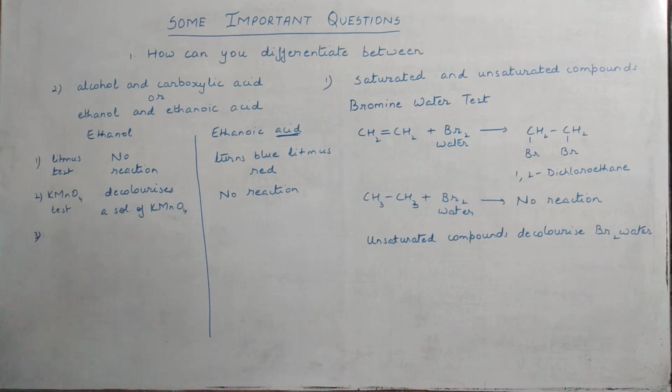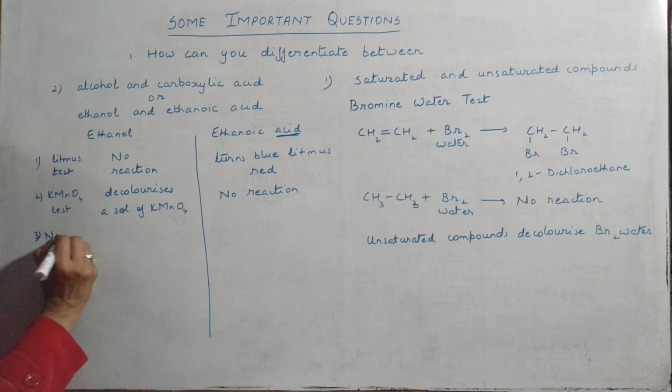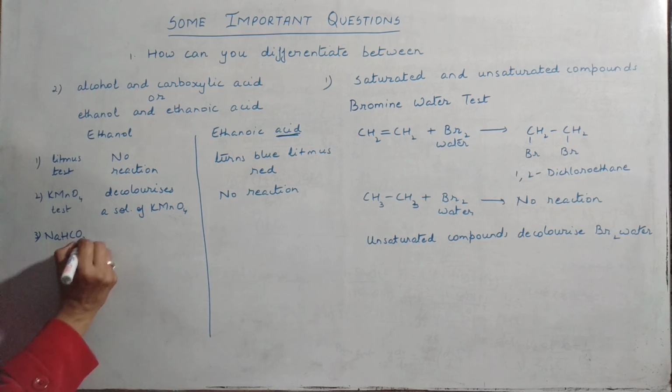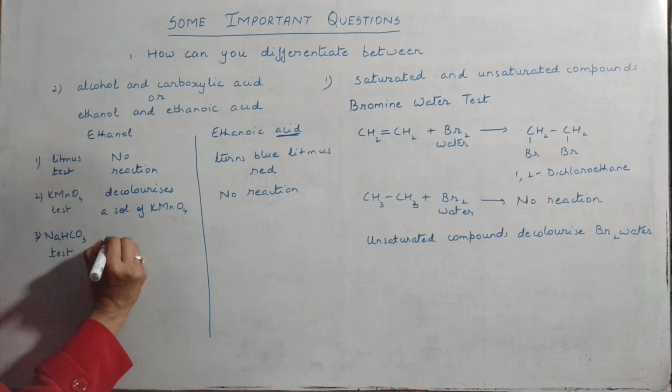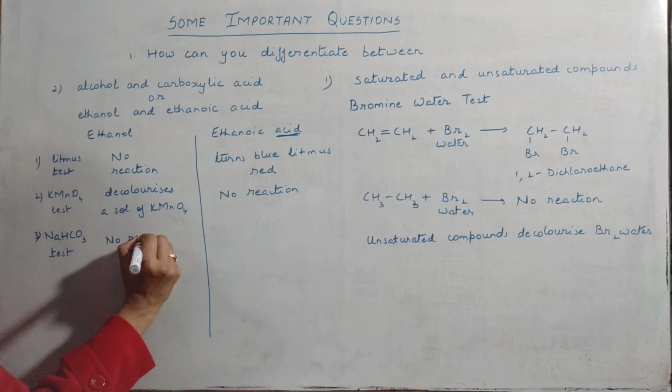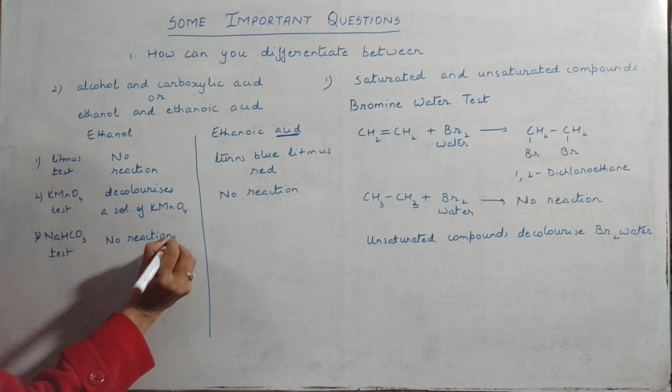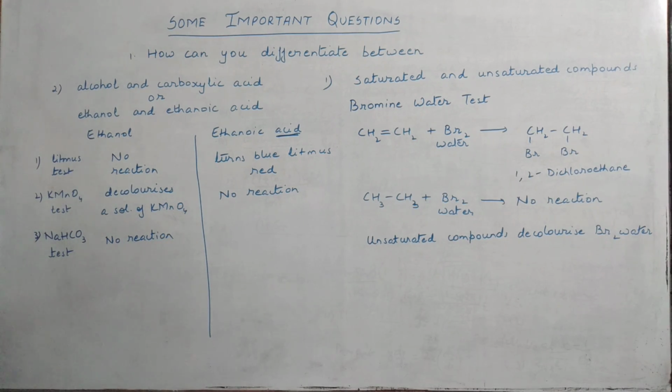The third test that we can take up over here is sodium bicarbonate test, NaHCO3 test. Ethanol or alcohols do not react with sodium bicarbonate, whereas ethanoic acid reacts with sodium bicarbonate.